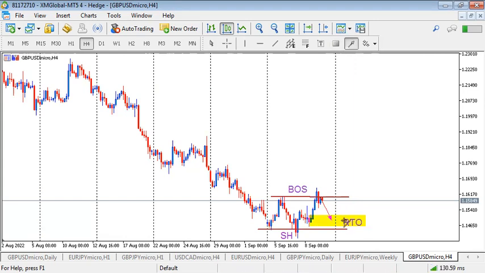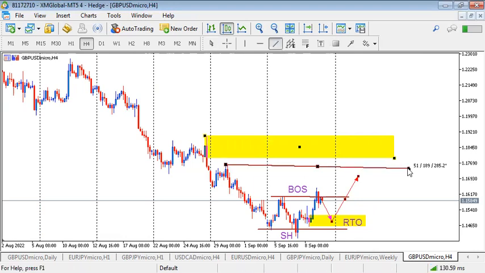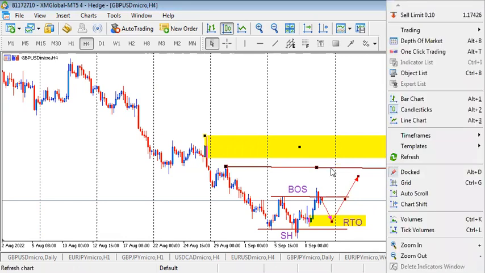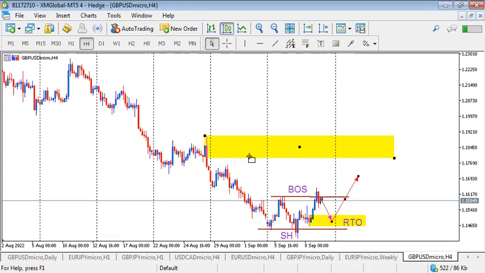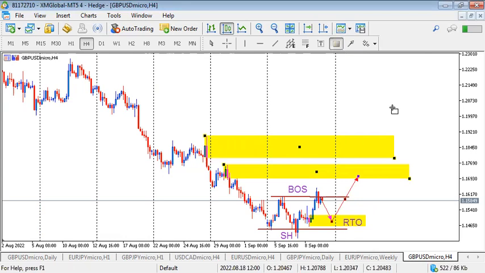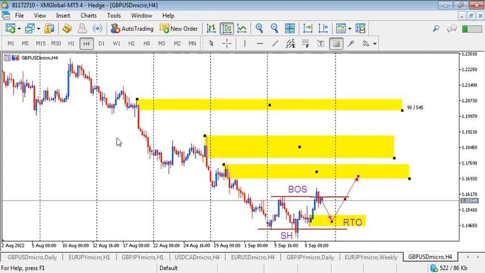And then price would now make a push to the upside to mitigate either this other block here or the one here, or this other block here, because this hasn't been mitigated, this hasn't been mitigated, but this one up here has a fair value gap.